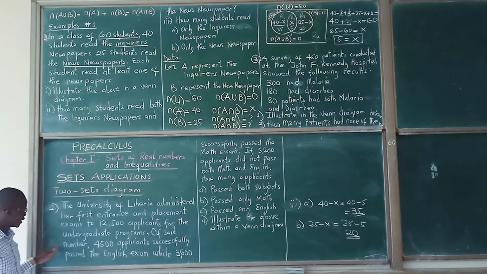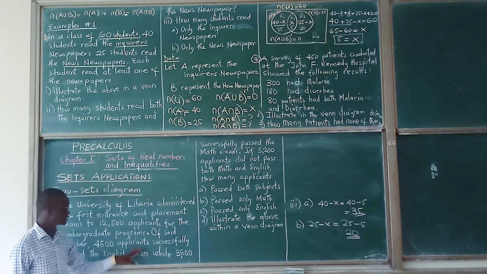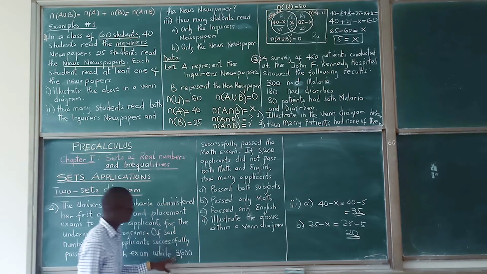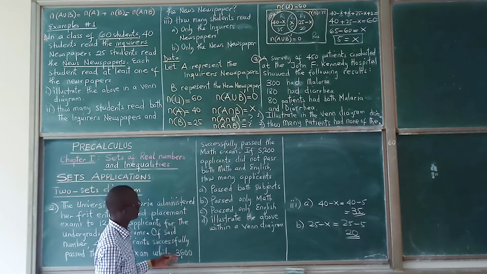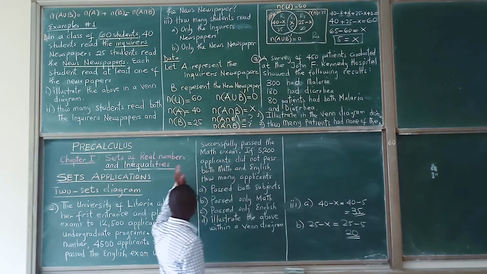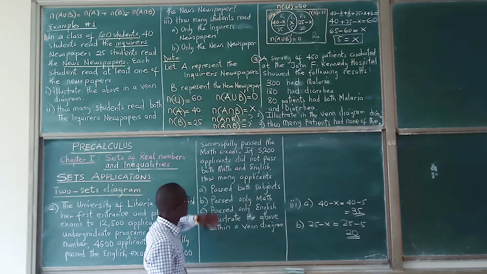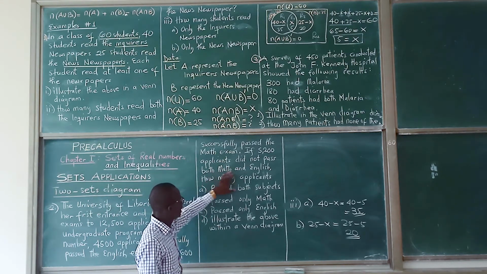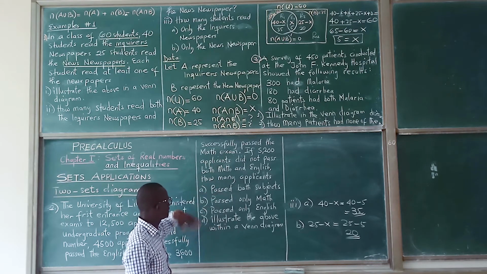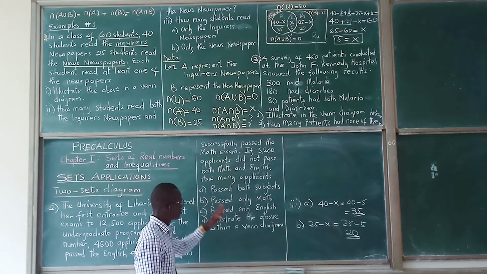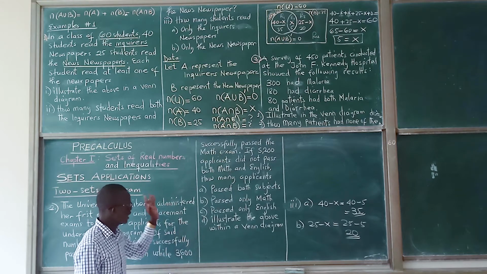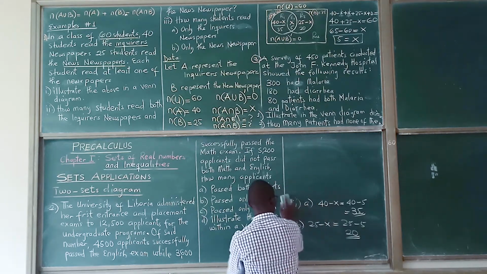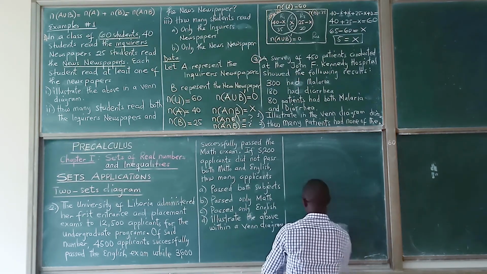Of said number, 4,500 applicants successfully passed the English exam, while 3,600 successfully passed the math exam, and 5,200 applicants did not pass both the math and the English. How many applicants A, passed both subjects, B, passed only math, C, passed only English, and we should illustrate this in a Venn diagram. So let's erase this portion and solve the problem right here.